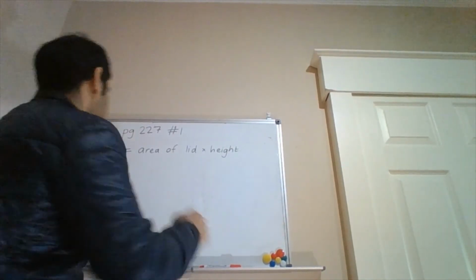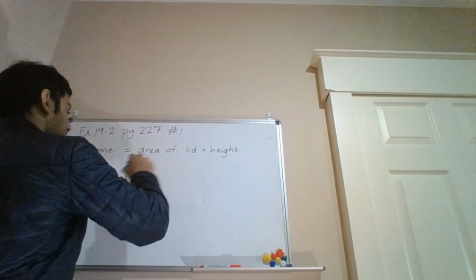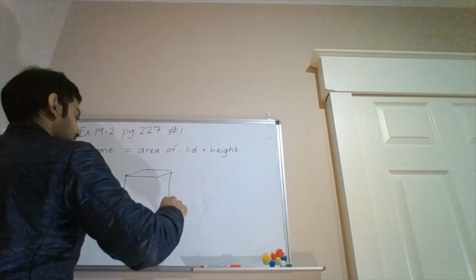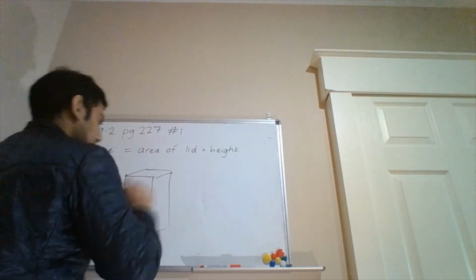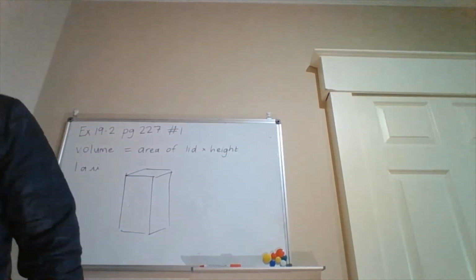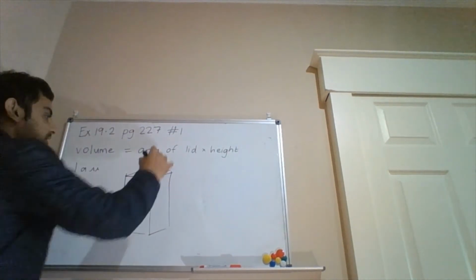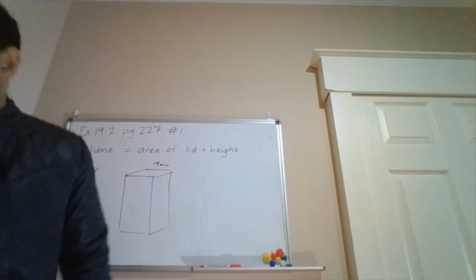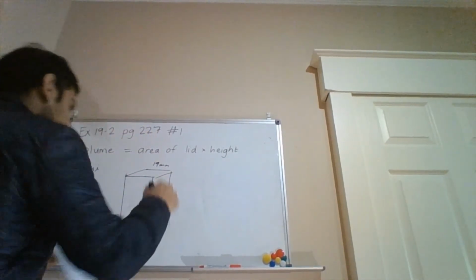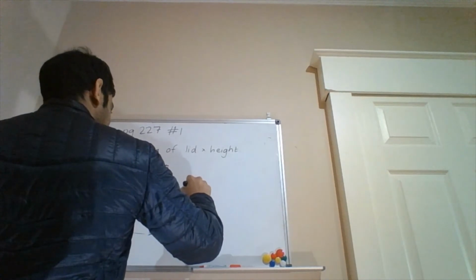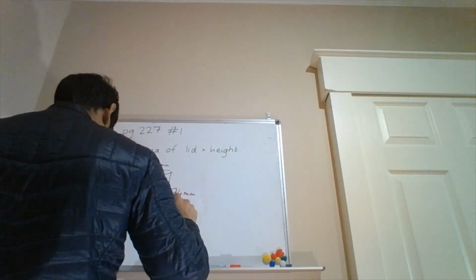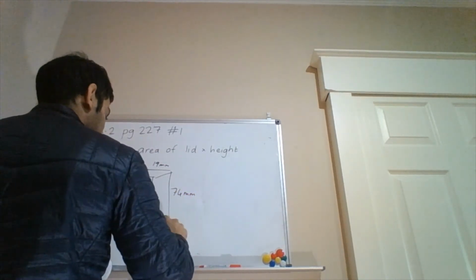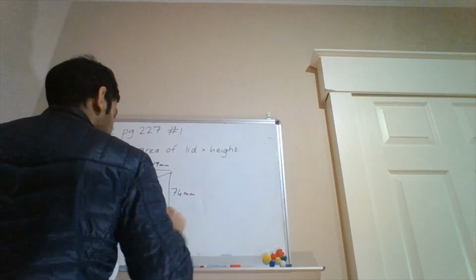So we've got this shape over here, and I'll just fill in the dimensions quickly. Everything here is in millimeters. We've got 19 millimeters, a height of 74 millimeters, and they have this side over here as 18 millimeters.